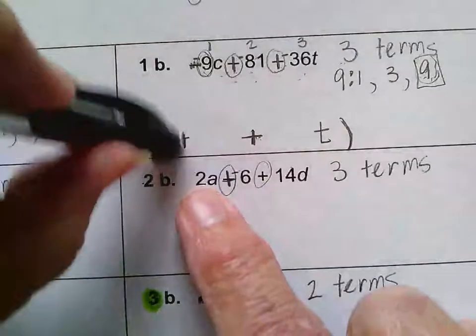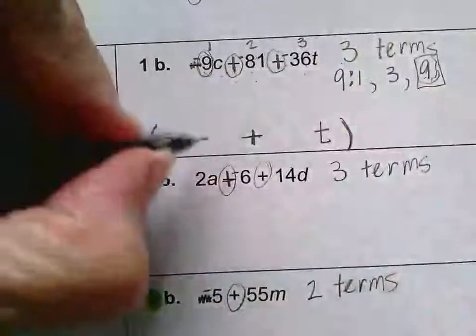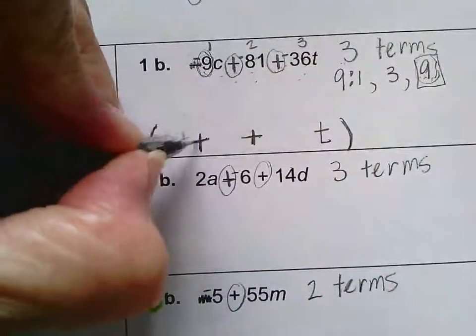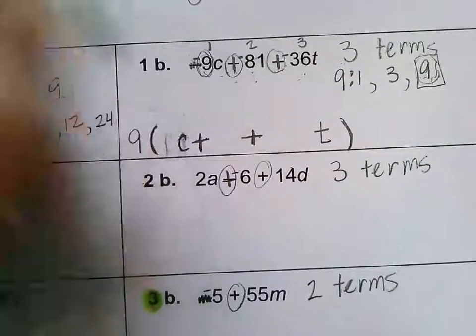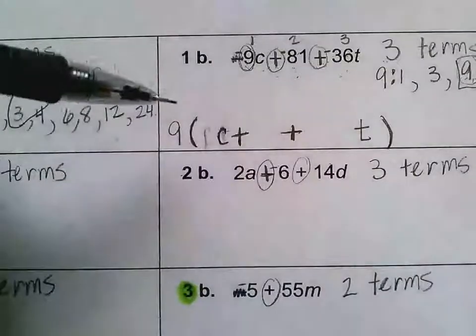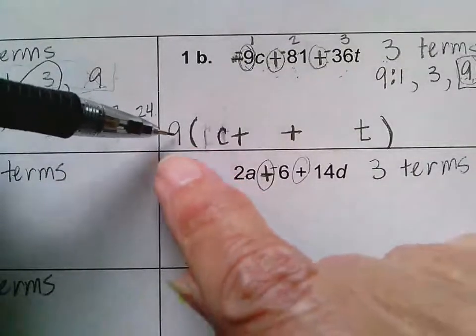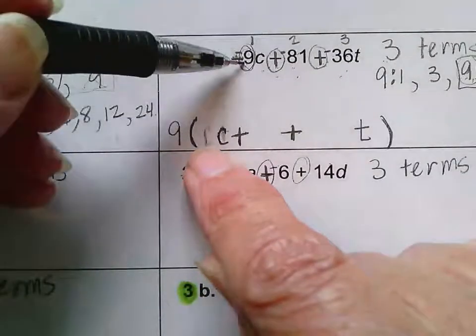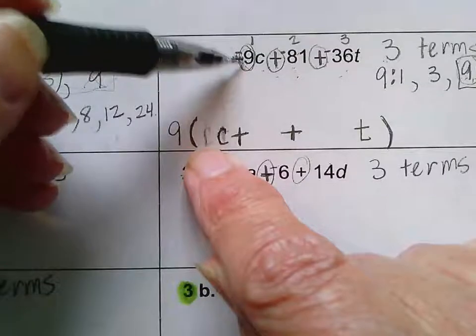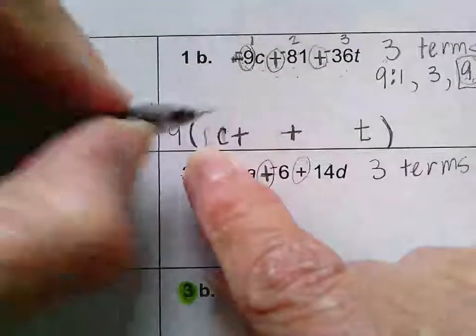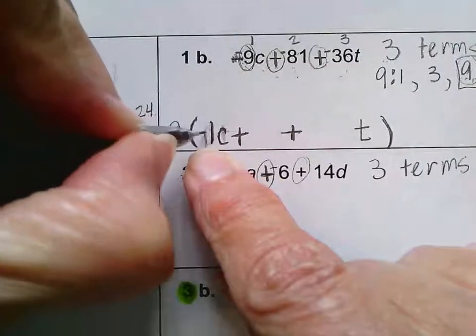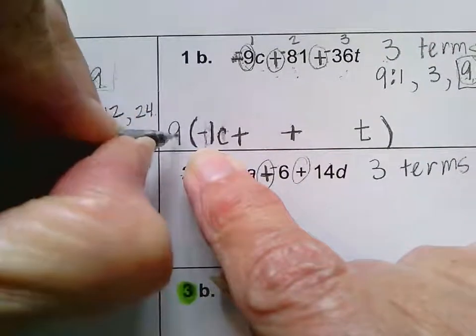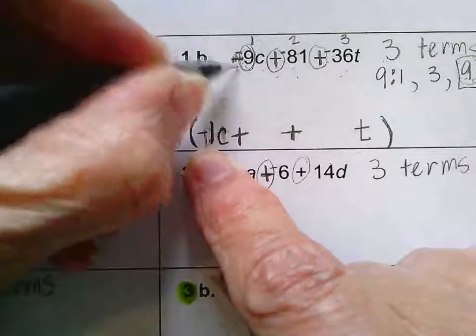I'm actually going to move this one over a little bit. And now I simply do my multiplication. 9 times what number would give me negative 9? Well, that would be a negative 1. 9 times negative 1 gives me negative 9.